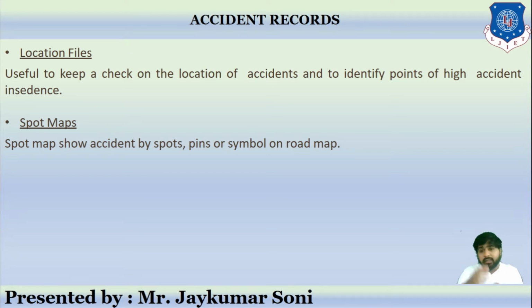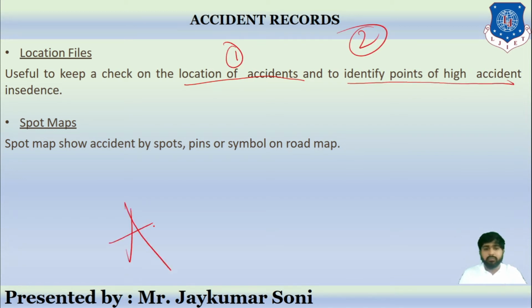So basically, the first thing is the location file. What is the importance of the location file? Location files are useful to keep a check on the location of the accident and to identify points of high accident incidence. You might have heard the term accident prone zone.